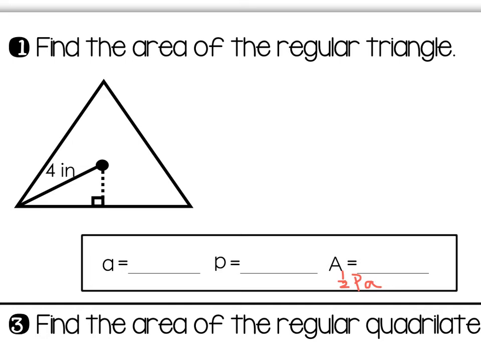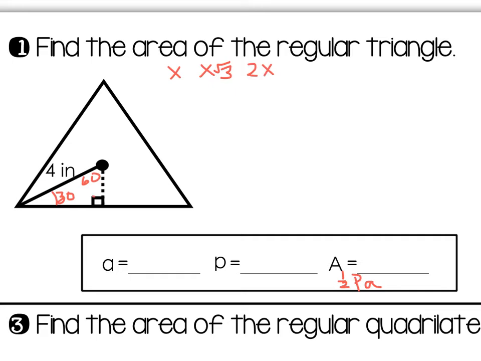A lot of times what we're going to be doing is using special right triangles. So what I'm going to label first is my 30, 60, 90. So I have 30 degrees and 60. So I'm going to make my little table. If you can do your beautiful special right triangles without this, more power to you.